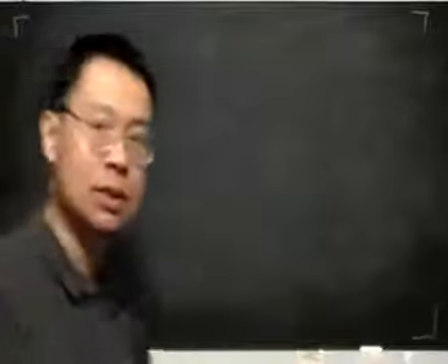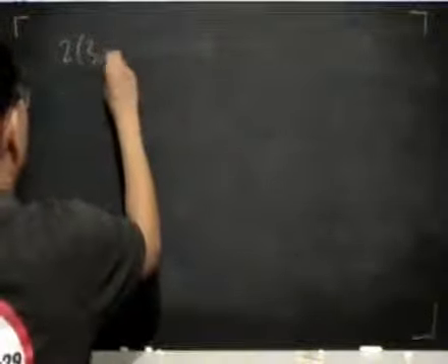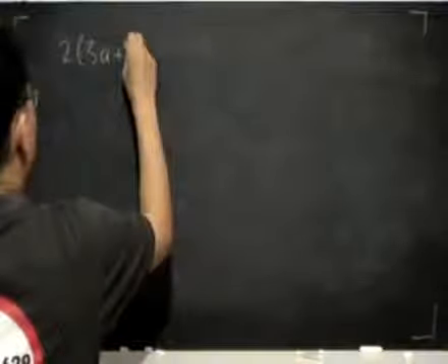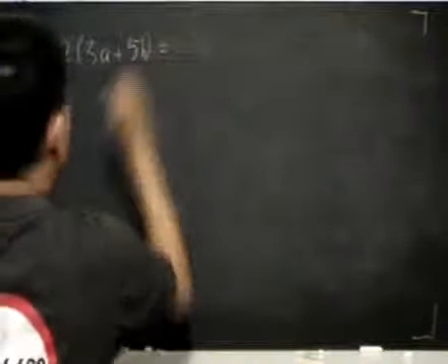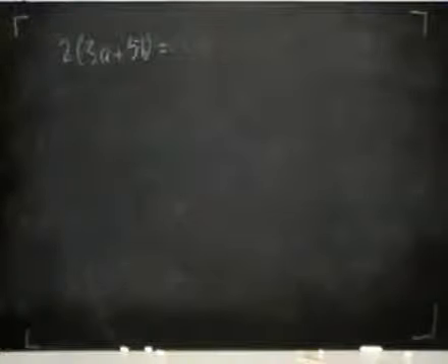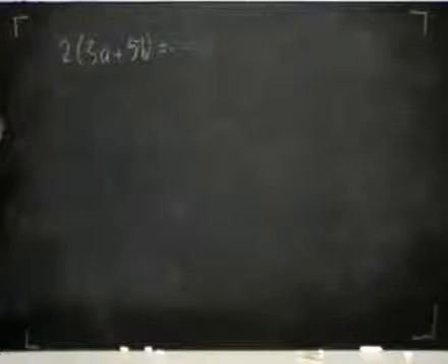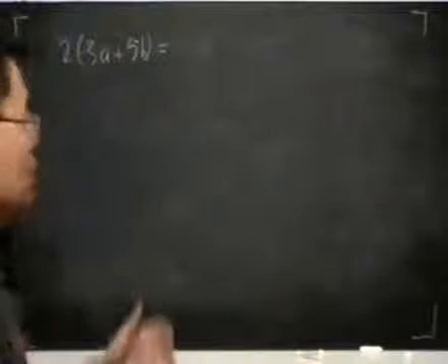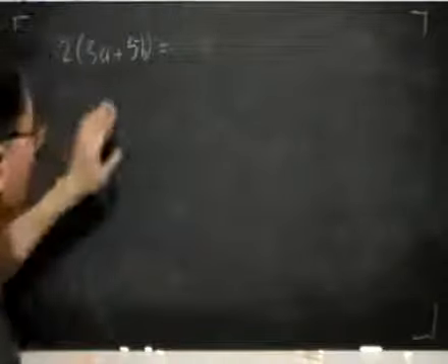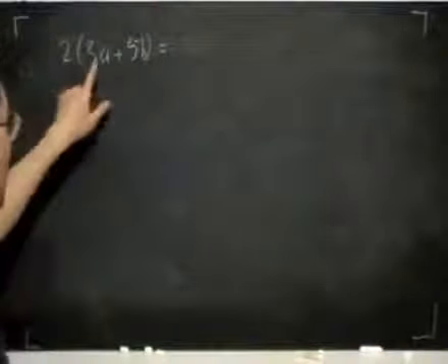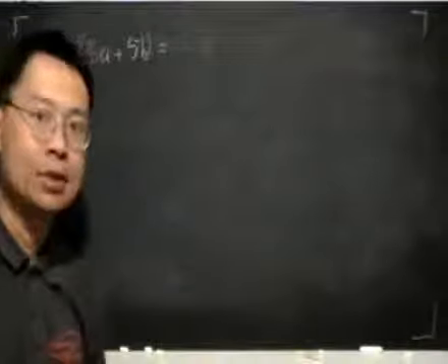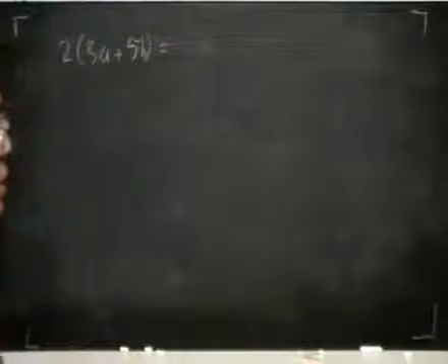Let's look at a slightly more difficult example. Let's look at 2 times (3a plus 5b). Let's try removing the brackets. Now I need to multiply the number outside the bracket by each term in the bracket. The first term is 3a, so I need to multiply 2 by 3a.